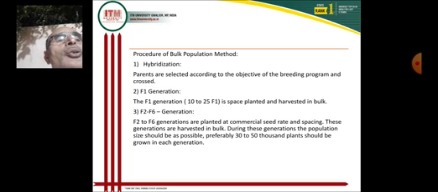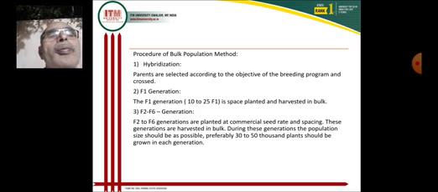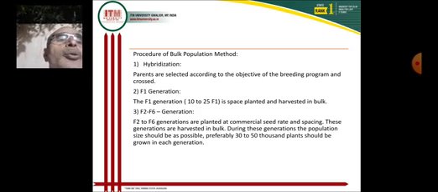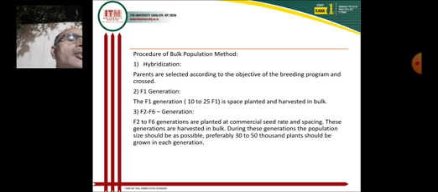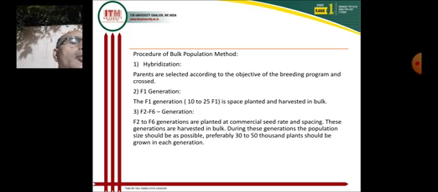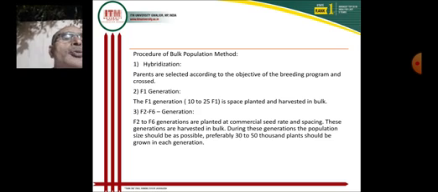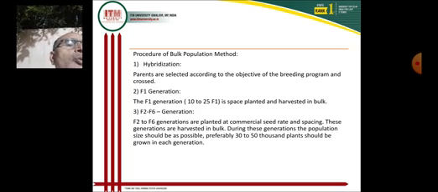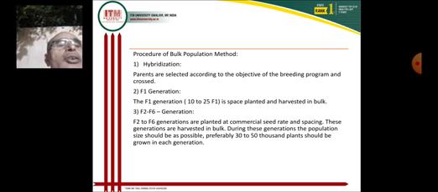There is no selection carried out during this time. F2 to F6 generations are planted at commercial seed rate and spacing. These generations are harvested in bulk. During these generations, the population size should be as large as possible, preferably 30 to 50,000 plants should be grown in each generation.